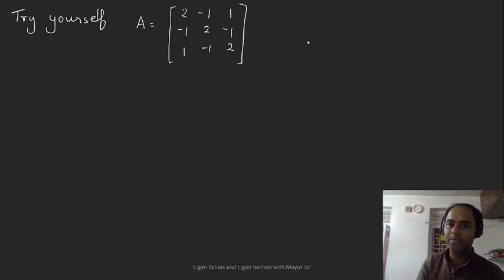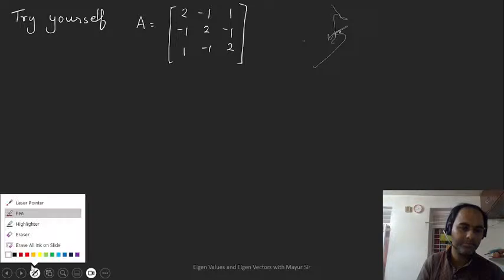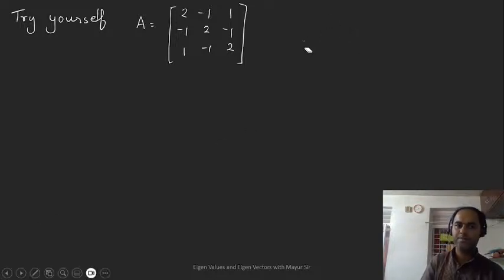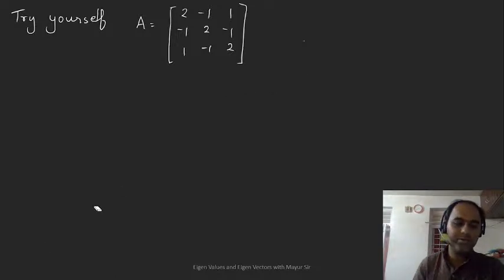I'll tell you the eigenvalues that you are going to get for this: 4, 1, 1.